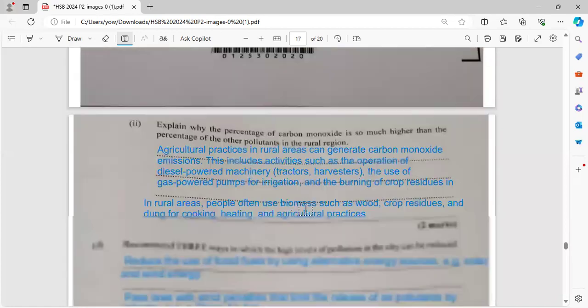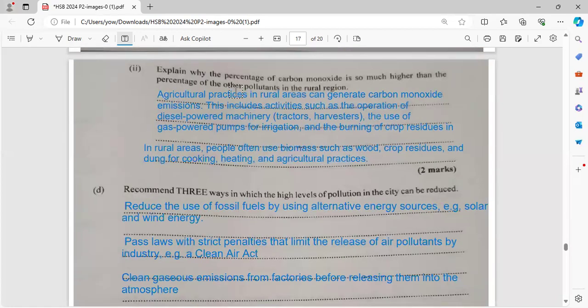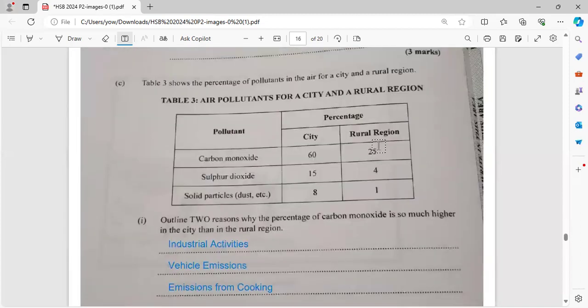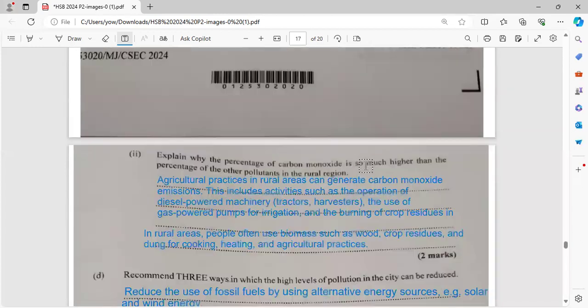All right. Moving on: explain why the percentage of carbon monoxide is so much higher than the percentage of other pollutants in rural regions. They're saying why is carbon monoxide high in the rural region compared to sulfur and solid particles like dust. Because of agricultural practices.